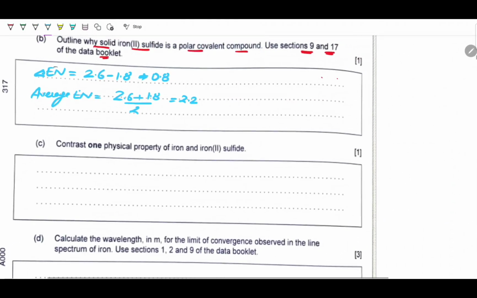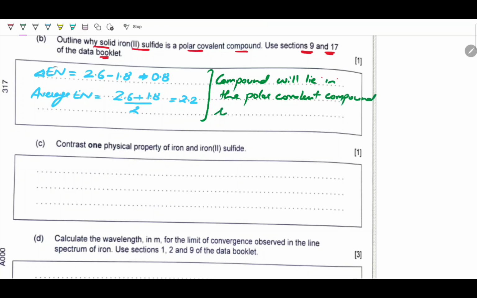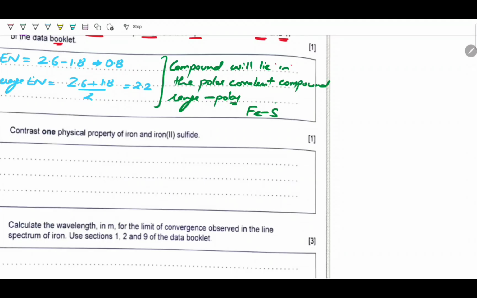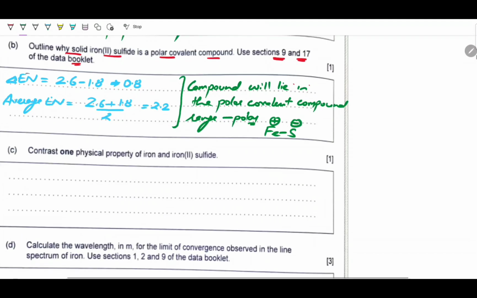In this, I can write: due to these values, the compound will lie in the polar covalent compound range as per the diagram. Therefore, it is polar in nature, not ionic. I can also say that since sulfur is more electronegative than iron, it acquires a slight negative charge and iron acquires a slight positive charge, making it polar.